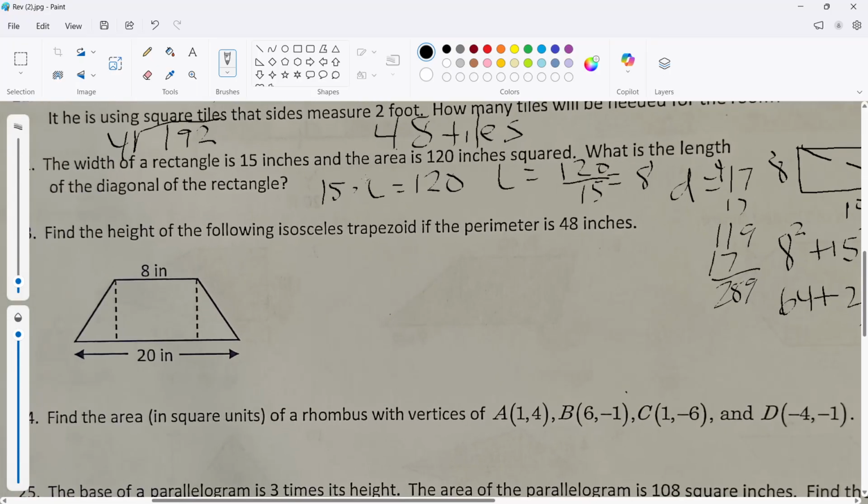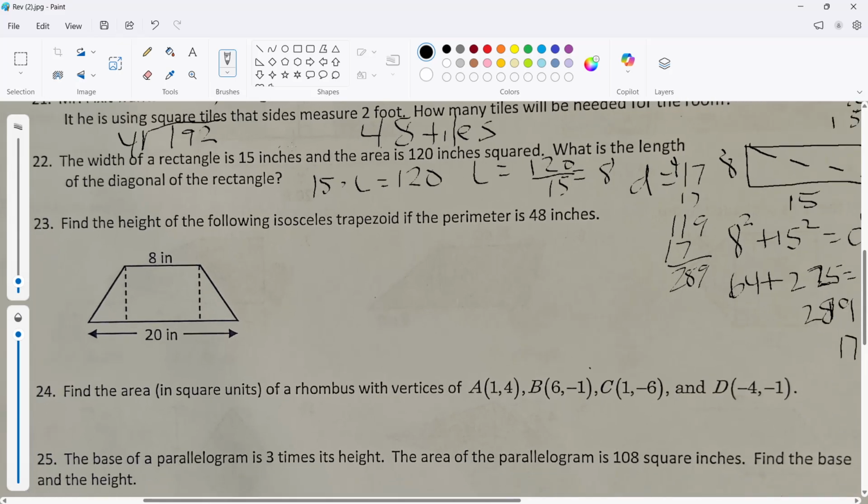Find the height of the following isosceles trapezoid if the perimeter is 48 inches. Well, this is 28, so between these two, they've got to be 20 more. And it's isosceles, so they're the same, so they're each 10. And now I need to find the height. If this is 8 and this whole thing is 20, that leaves 12 for this piece plus this piece.